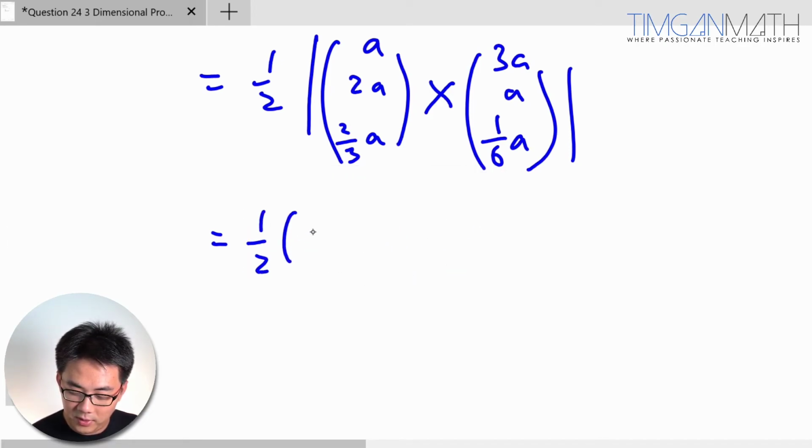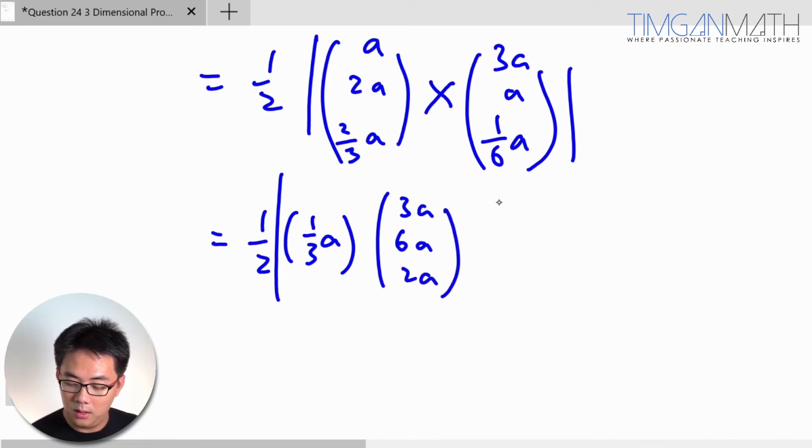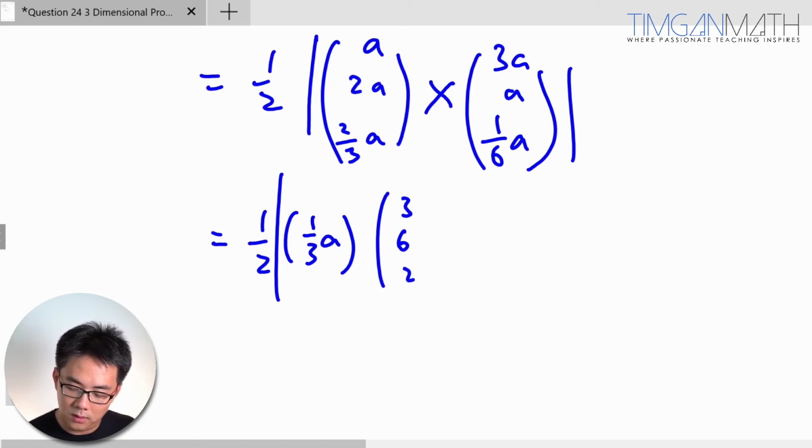The first one I'll just bring the 1/3 A out. So anyway, this is 3A, 6A, 2A times 3 lah. 3, 3, 3. Cross with, take the 1/6 out.